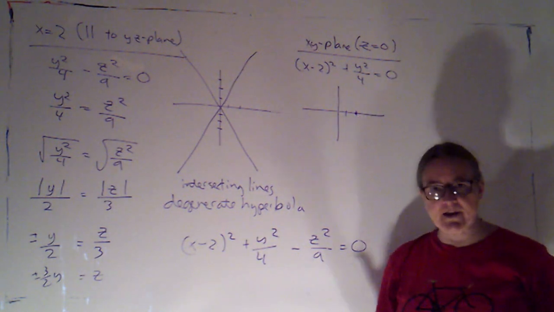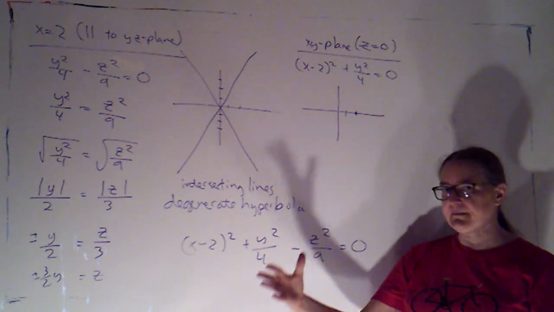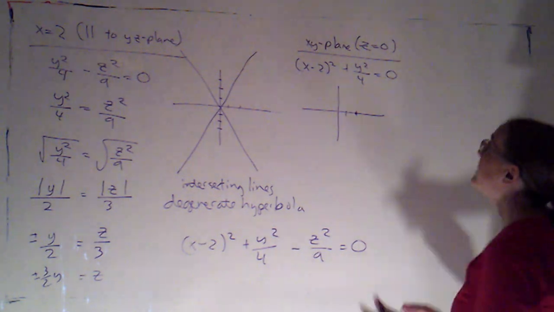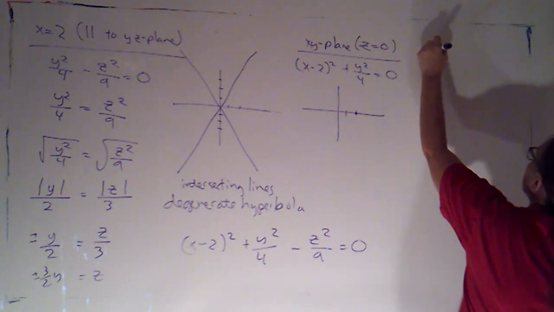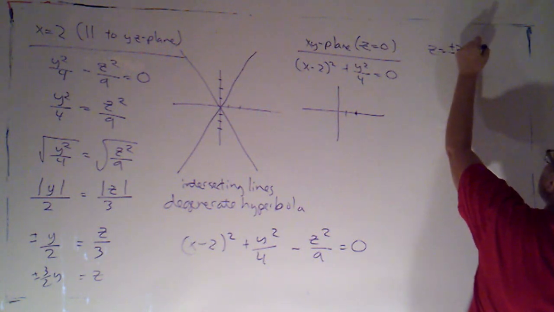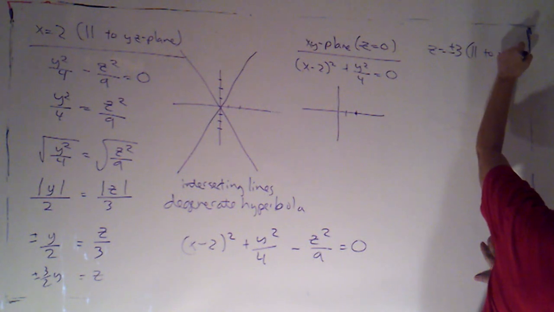Now that's a degenerate ellipse, but when we get just a single point, that's our cue that it's time to move to a parallel plane. So I'm going to move to z equals plus or minus 3, which is parallel to the xy plane.